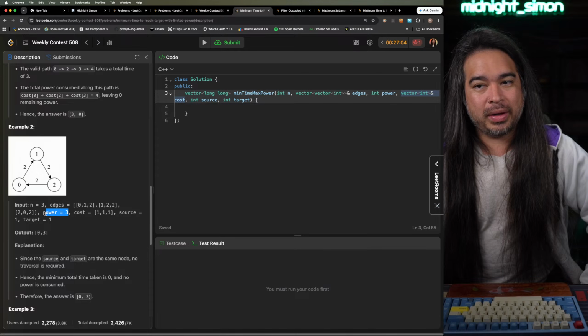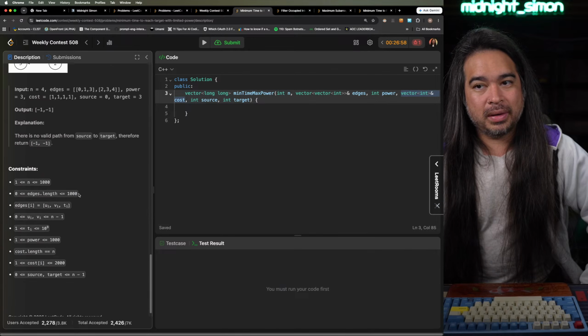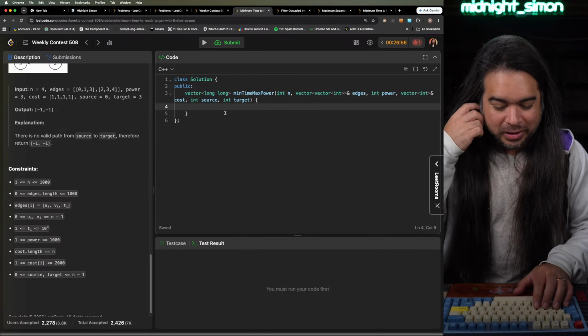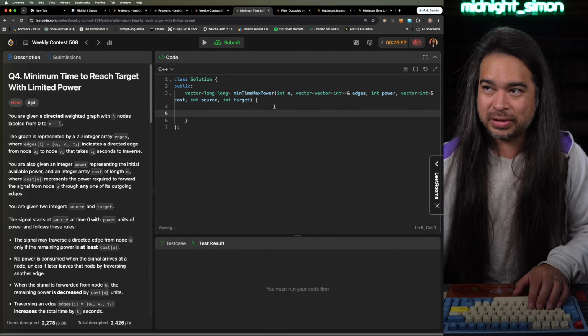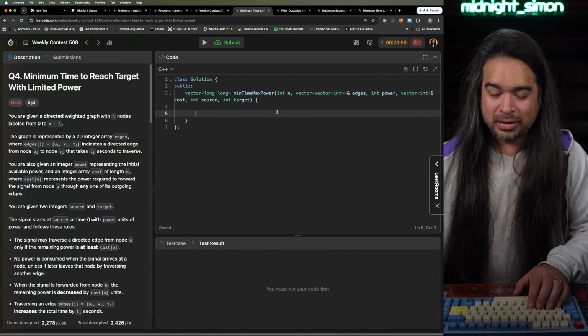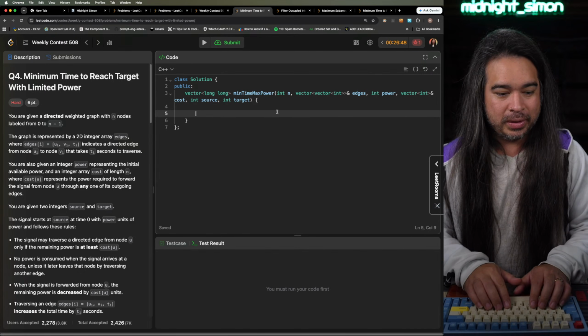And every time I reach the end node, I just check the time. I'm just gonna try, man. First, let me just do the Dijkstra's. It's been a while since I've done Dijkstra's, so let's see if I can remember how to do it.